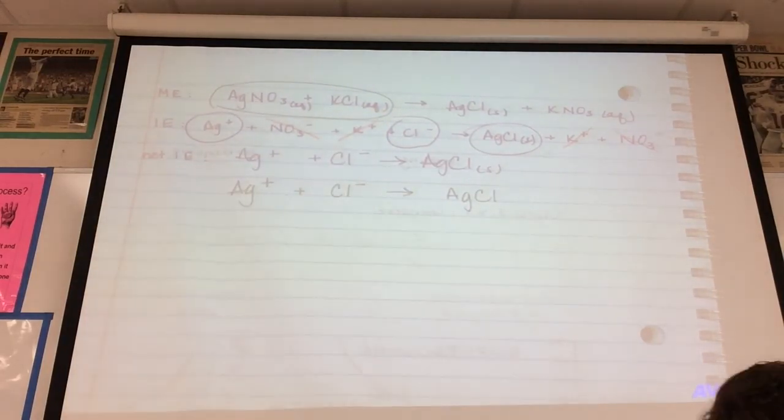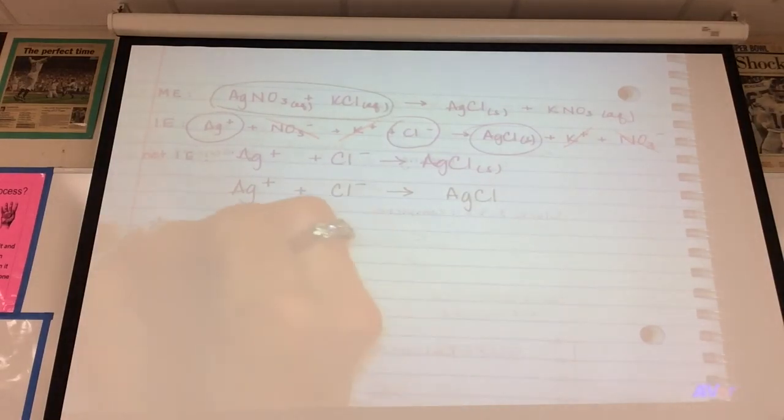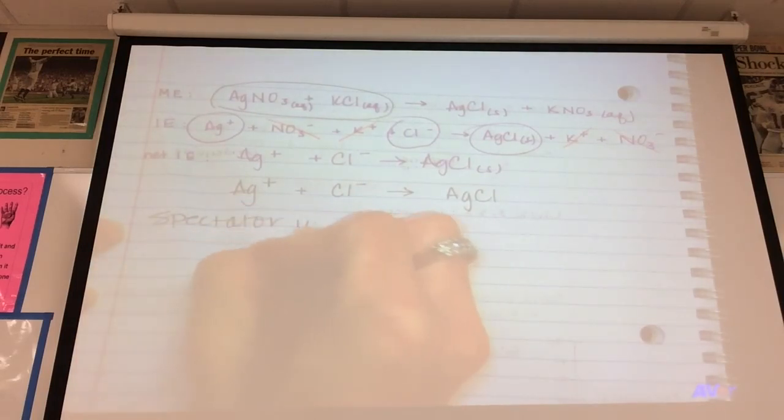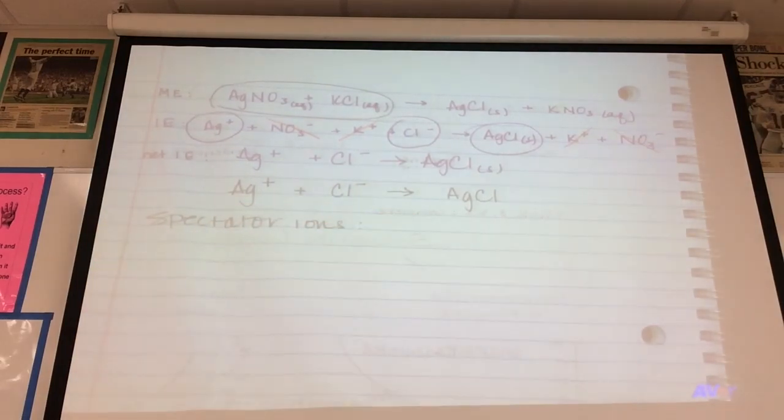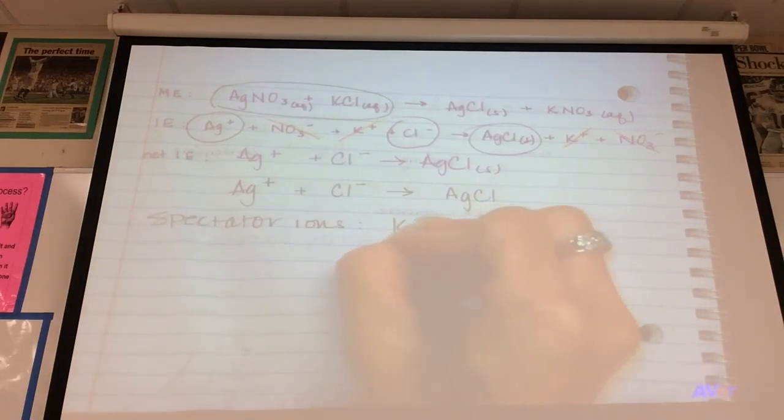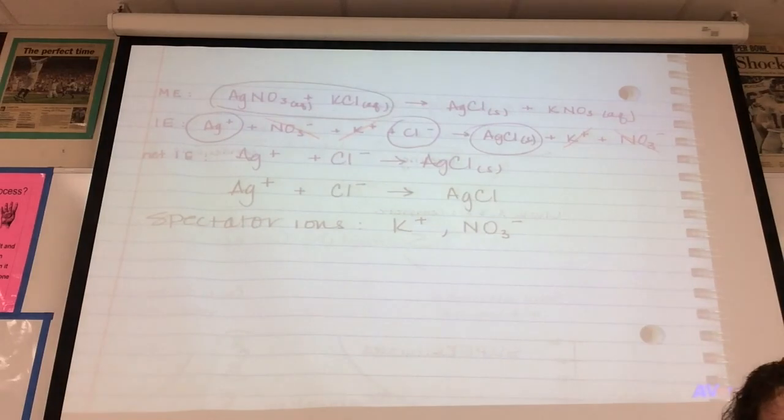And from this alone, I can get my net ionic equation. And we'll try it a few different times. If I were asked for my spectator ions, my spectator ions would be potassium ion and nitrate ion. Does it look hard?